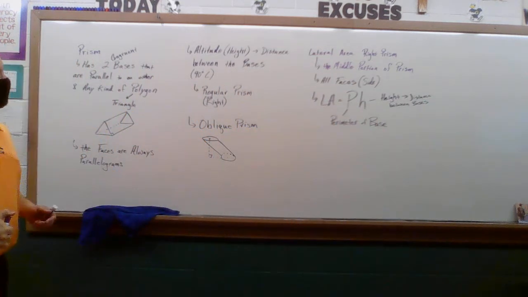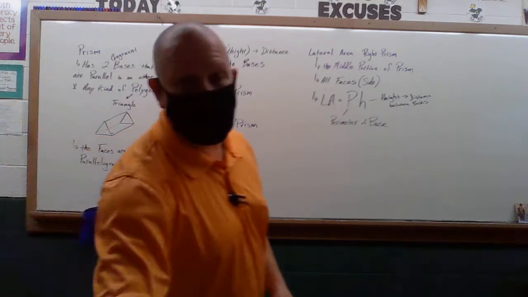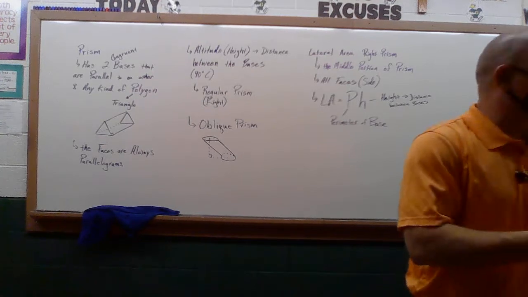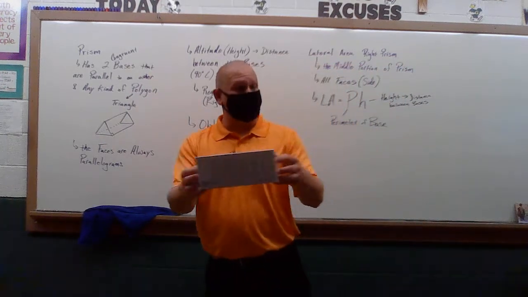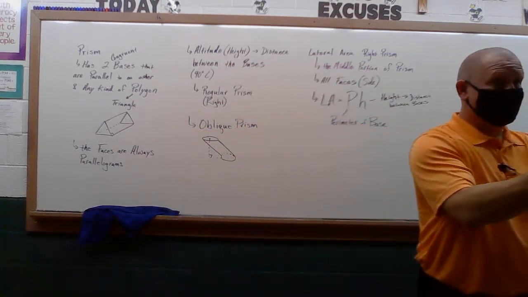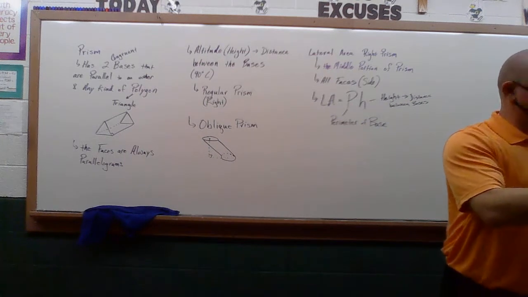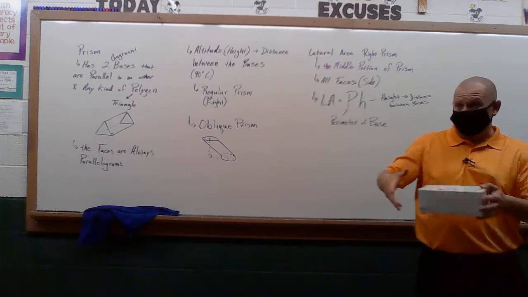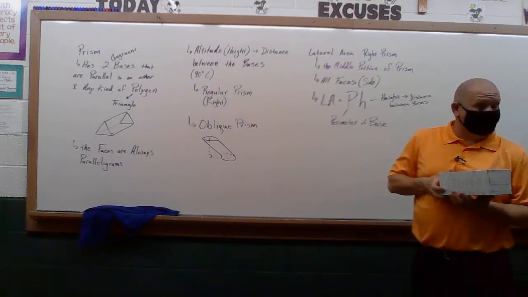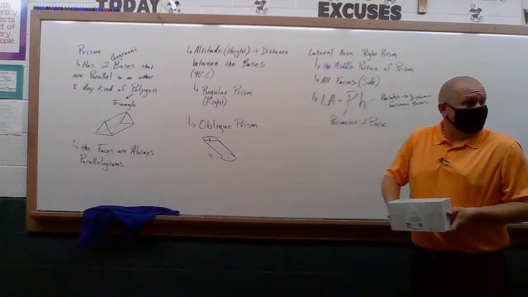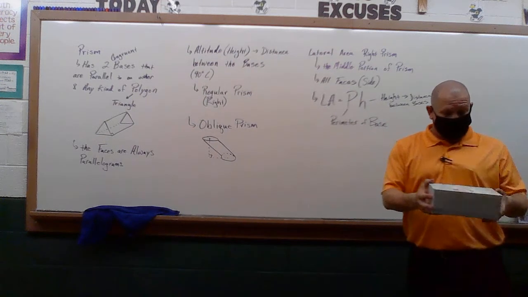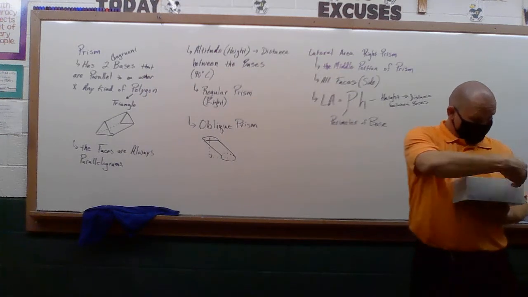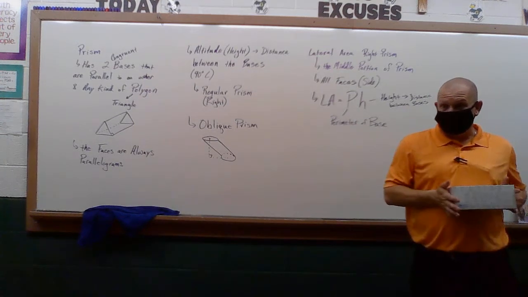So this is again really important that you understand what your base is. So did you see why I asked everybody what the bases were? Let's just say Merrick said, well, I think the bases are these two sides. So he's going to do his perimeter, but his perimeter going to be the same as Jazz's perimeter? No, because obviously that little rectangle is way different than that rectangle. Agreed? But when Jazz then does her height, it's way shorter than when Merrick does his height between his two bases.